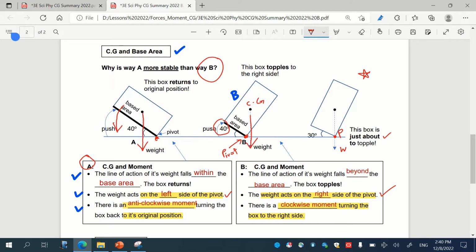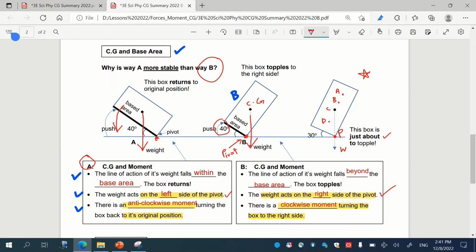So if I give you different points of CG, for example A, B, C, then D, and then I ask you, in this position this box is just about to topple, which is the CG of the box? Is it point A, point B, point C, or point D?